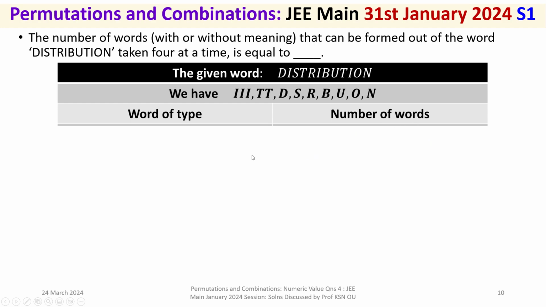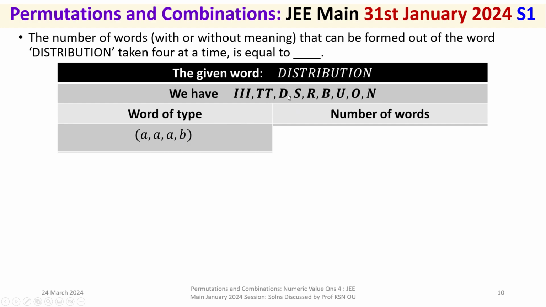First is type AAAB. That means 3 letters are the same and the 4th letter is distinct. Who can be A? A can be I, so A can be taken in only one way. B is distinct; B can be T, D, S, or something else.